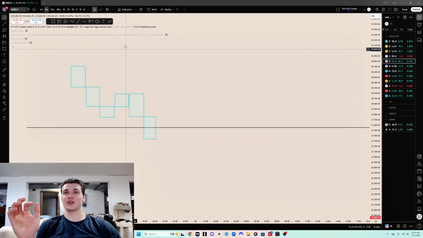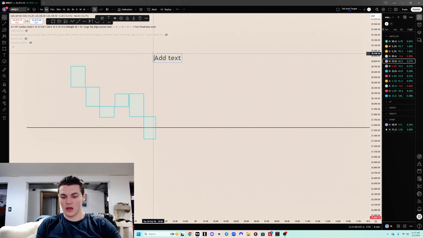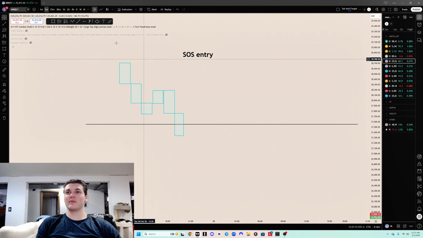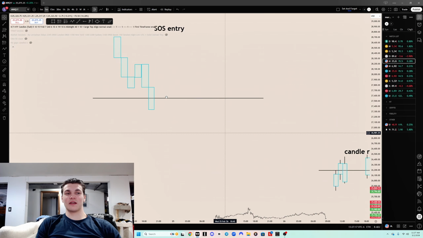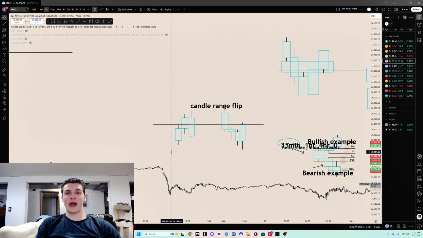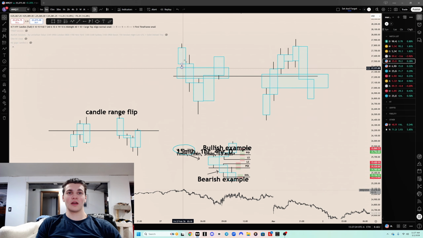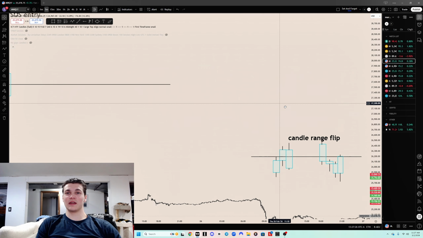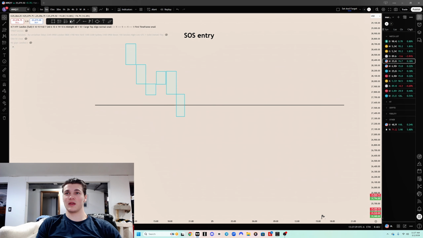This is a shift of structure entry. It basically means that price created a structure point. Instead of just pulling back into a level and breaking back below, it ended up making some sort of structure before finally getting into your level, and then you finally break back above it.